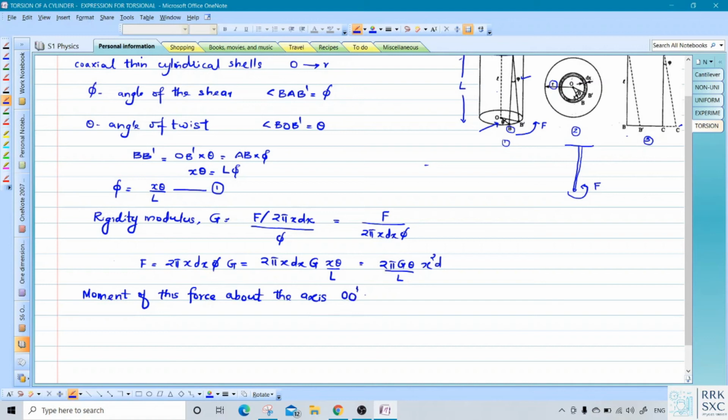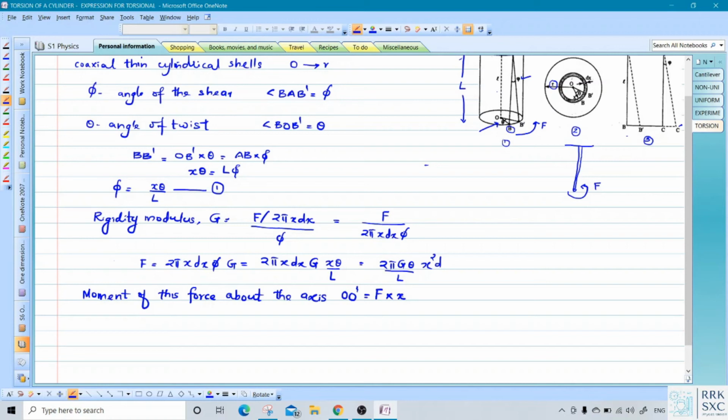OO dash is the axis which we are considering. So the moment of the force about the axis will be equal to this force into the perpendicular distance, that is x. So force into the perpendicular distance x will give you the moment of this force about the axis.